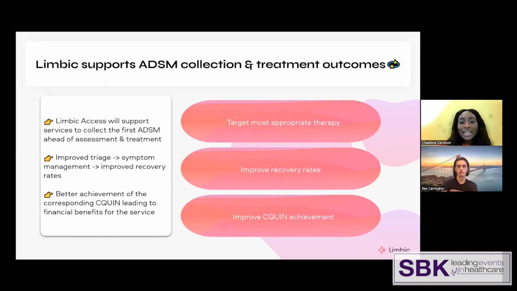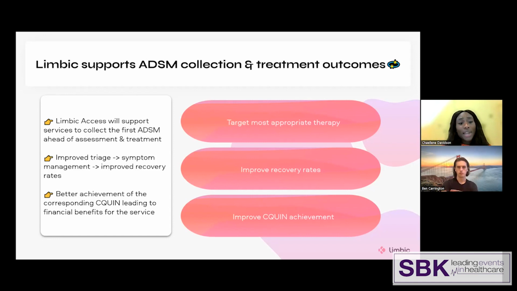And then lastly, there's also that financial incentive that I mentioned earlier. So in regard to that financial incentive, the CQUIN for ADSMs, we know that there is full payment of up to 0.25% of an IAPT service provider's contract with their commissioner if they are getting in those paired ADSMs as per national best practice.